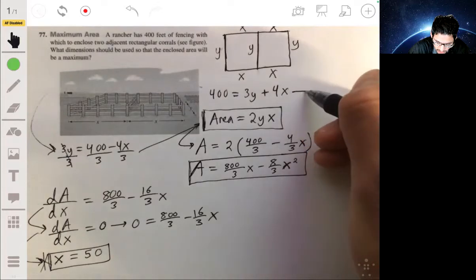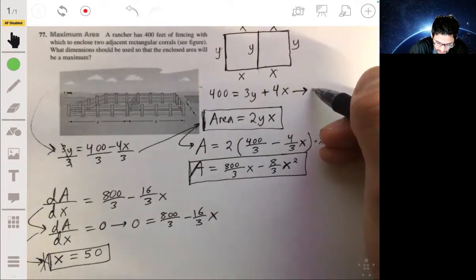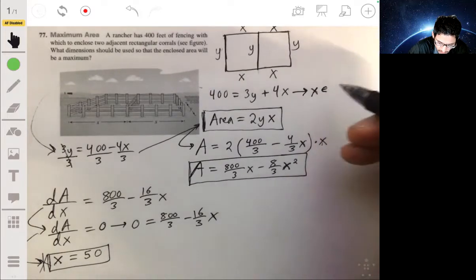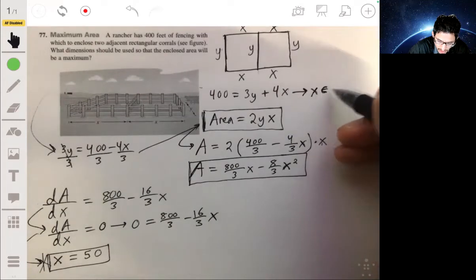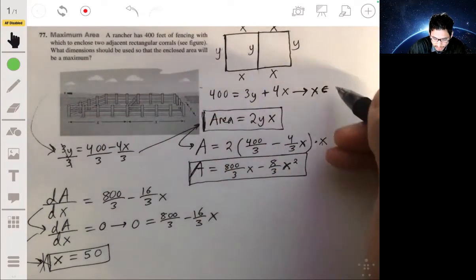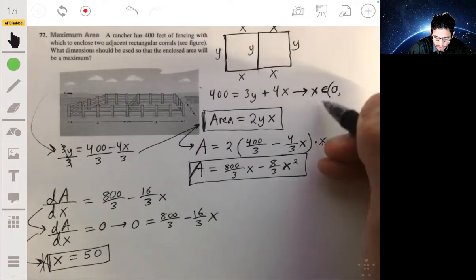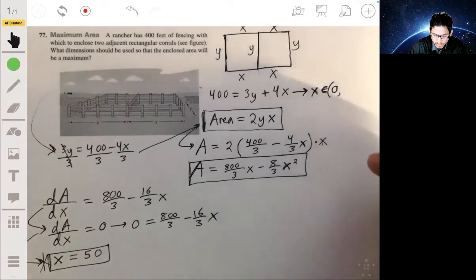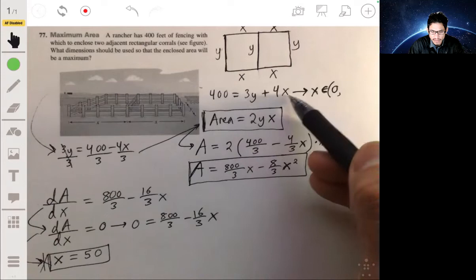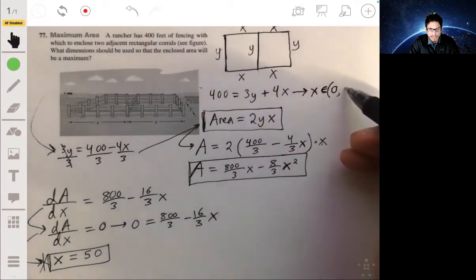So let's rewrite and show the domain and range for x and y. X can't technically be zero, because you wouldn't have any width, but it could be anything bigger than zero. And the biggest value x could be to make this equation work is basically up to 100.